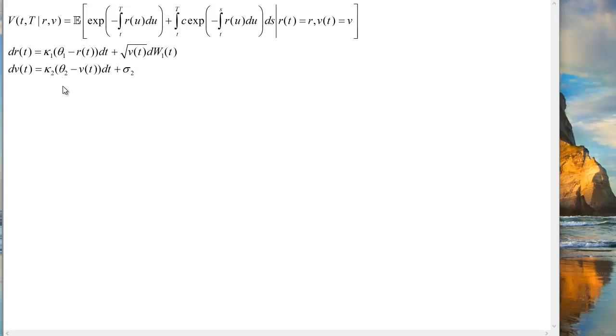I don't really need the subscript 2 here, because I don't have any other sigma present in the system, but to make it very clear that it's belonging to the dynamics of the variance, I'm using the subscript 2 as well as the other coefficients here. Okay, times dW2_t. So that's another linear process, and we assume that these two processes are mutually correlated.